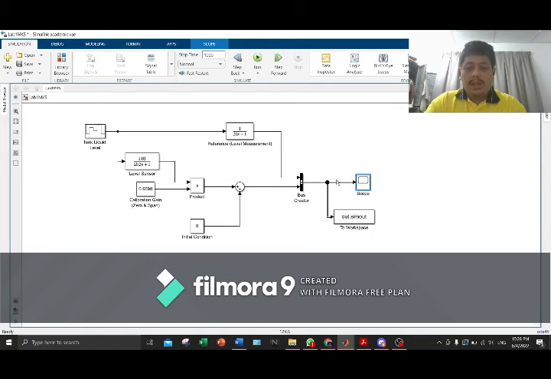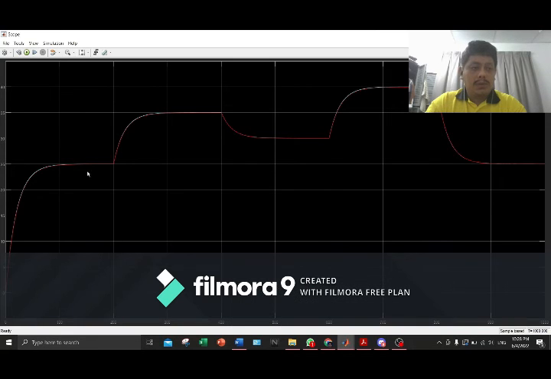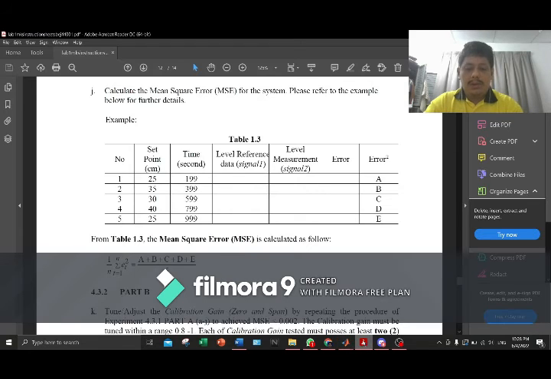I have run the circuit, and this is the waveform that we get. Since we have changed the value of the gain, just repeat the same steps as part A, where we need to find the level reference data for signal 1 and the level measurement for signal 2.